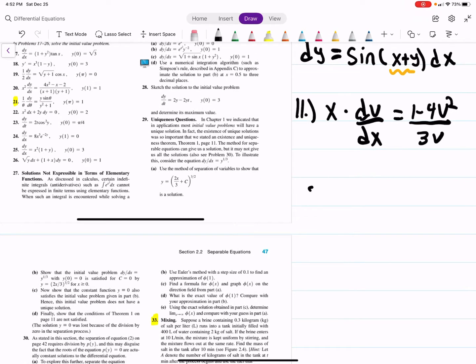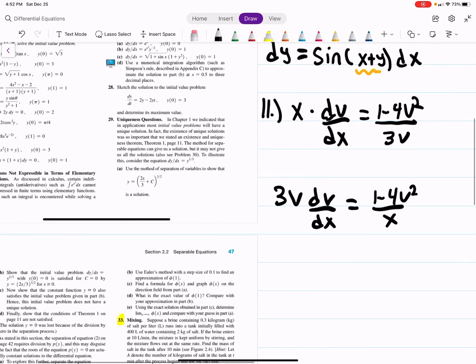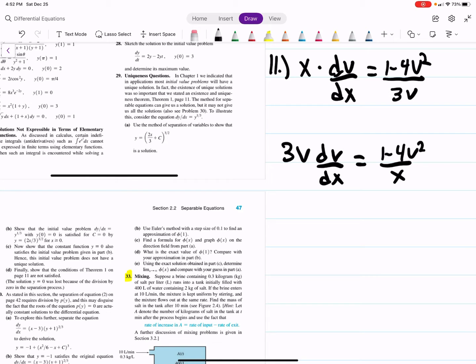I can multiply over by the 3v, divide over by the x, and I could also divide over by the 1 minus 4v squared. So I can get 3v over (1 minus 4v squared) dv equals 1 over x dx.